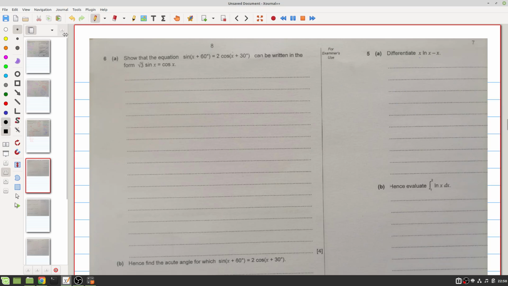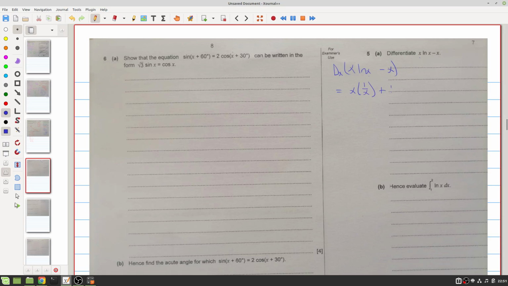So let's get into that. This function is basically x times ln x minus x. These two functions, that's going to be a product rule for this part. So if we want to differentiate that, it's equal to, okay, keep the first one, differentiate the second one. If we differentiate ln x, we get 1 over x.